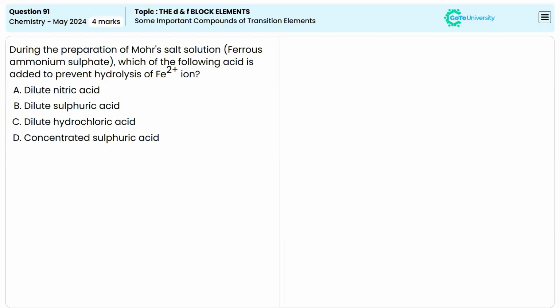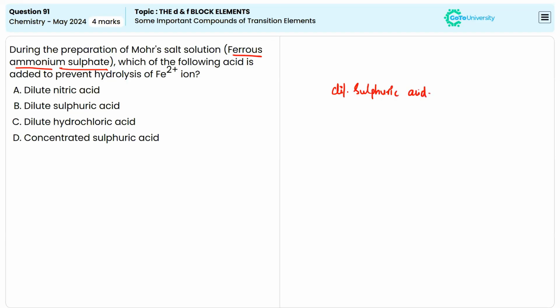During the preparation of Mohr's salt solution, which of the following acids is added to prevent the hydrolysis of Fe2 plus ion? Mohr's salt is ferrous ammonium sulfate. The reagent you add here is sulfuric acid, but it should be dilute sulfuric acid, because we have to make the medium acidic.